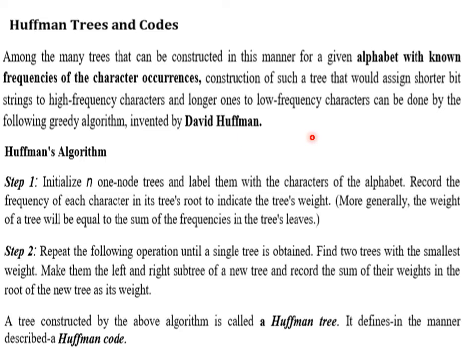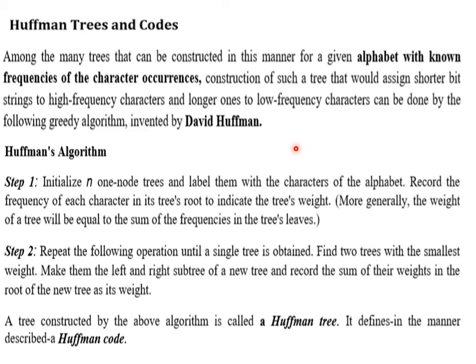So what we are doing here: Huffman proposed an algorithm, David Huffman's algorithm. He says that inside each node we put the weight, that is the frequency, the occurrence frequency, and outside is the label name.